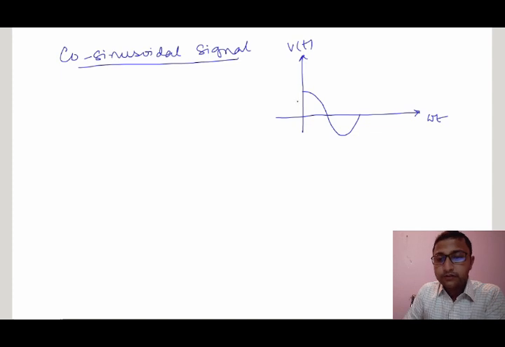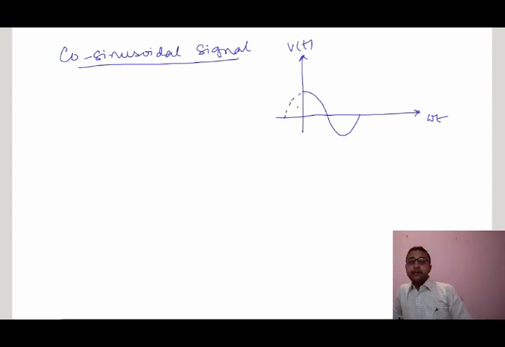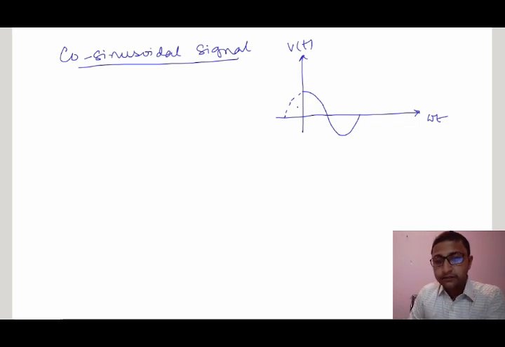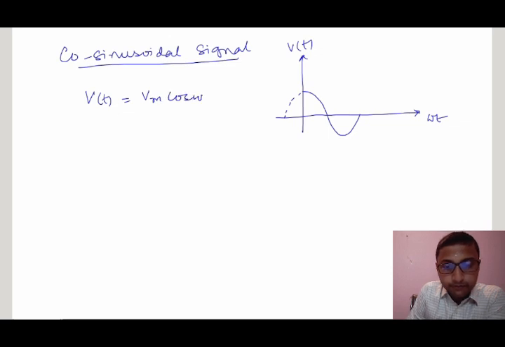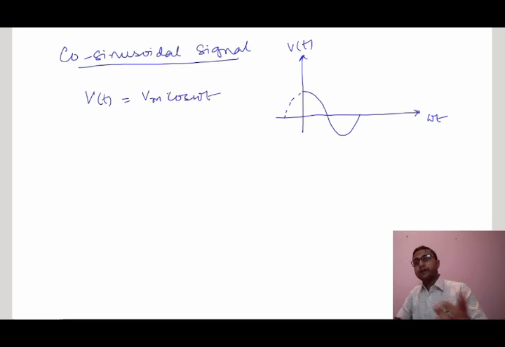The cosinusoidal signal is basically leading the sinusoidal signal by 90 degrees. So similar thing: V(t) is equal to Vm cos omega t, where Vm is the amplitude and omega t is the argument, where omega is the angular natural frequency. Similar case, nothing else.